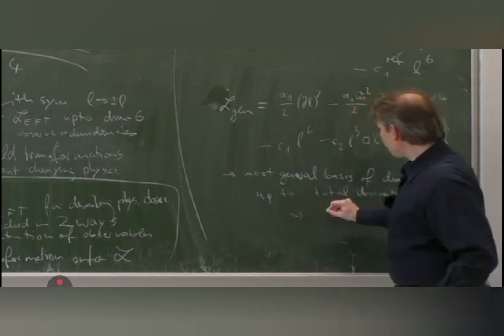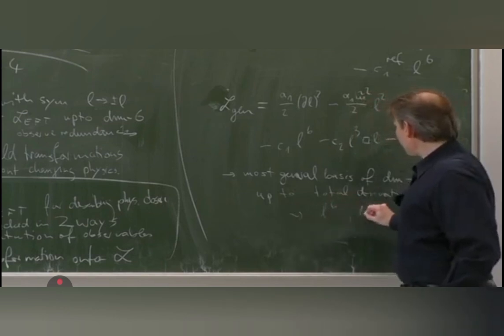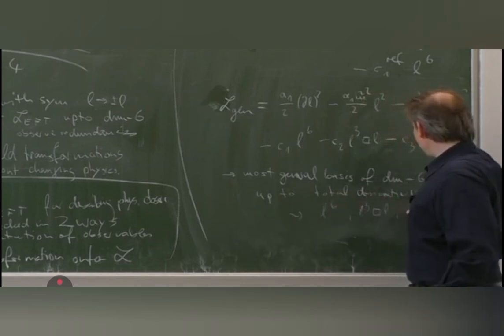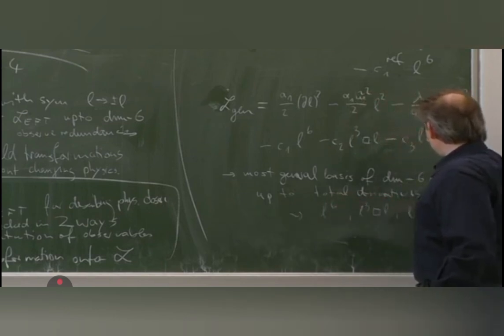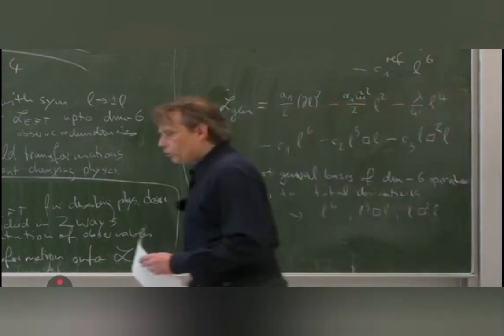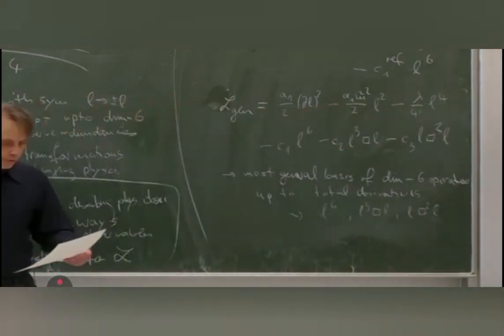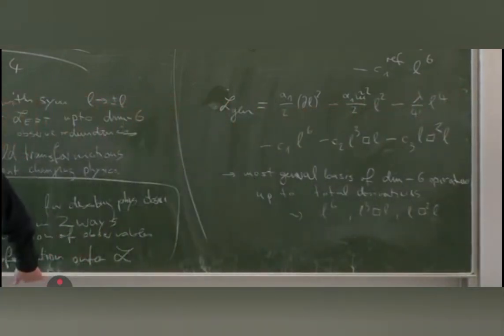It contains the 3 operators l to the 6, l cubed d'Alembert l, and l d'Alembert squared l. And we did the analysis in the exercise, so let me not repeat it here.